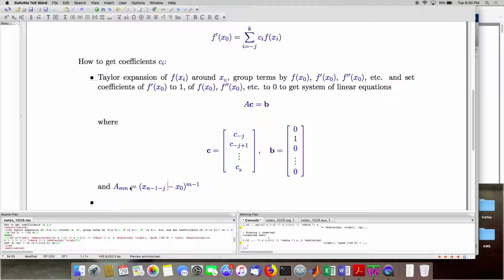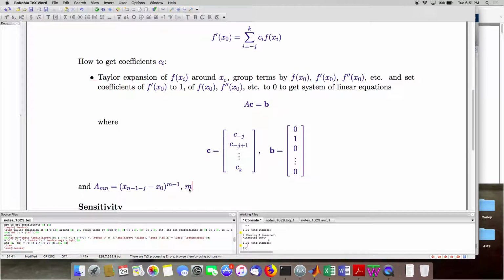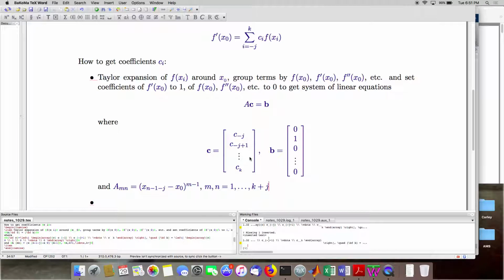Okay, so these are the formulas for the entries of that matrix, using typical MATLAB indexing. Because the total number of points, we have points from 1 to k, and then minus 1 to minus j, and then 0 as well. So the total number of points is k plus j plus 1.